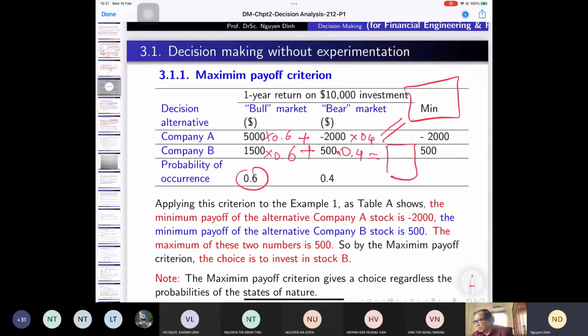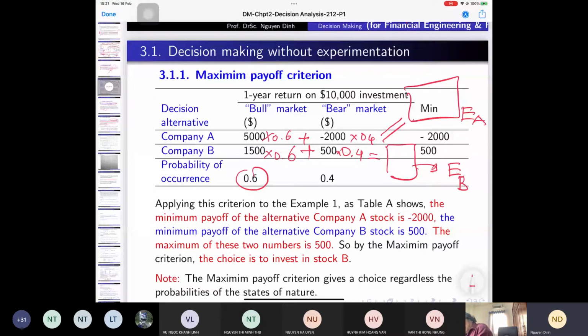So this is the expected value of B, and this is the expected value of A, and we calculate. 5,000 multiplied by 0.6 minus 2,000 multiplied by 0.4.